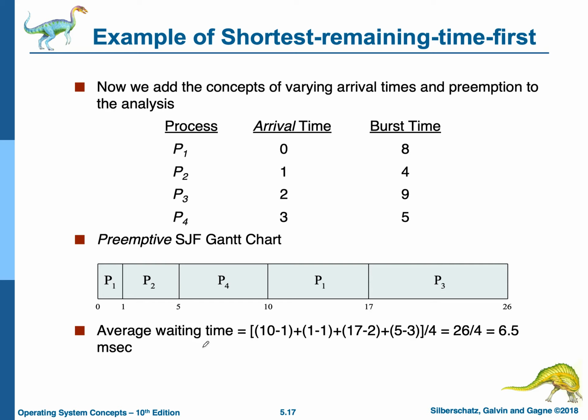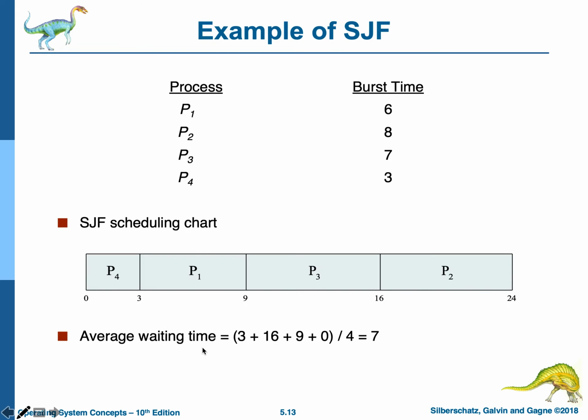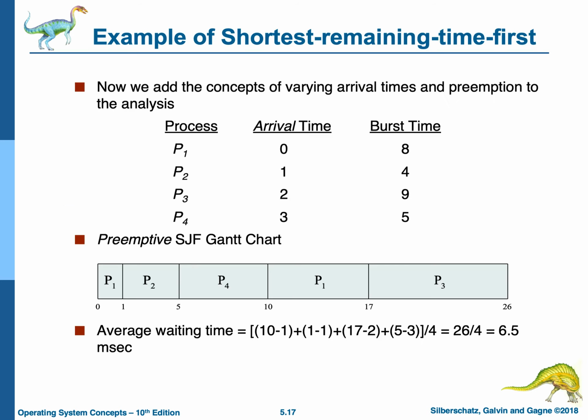For example, jobs arrive at the CPU at different times. Until now, we have not been considering the arrival time, that is, when a job has arrived. For example, in the previous example we saw jobs arrive with burst times 6, 8, 7, and 3, and we did not consider when these jobs arrived. Now we are also considering the arrival time.